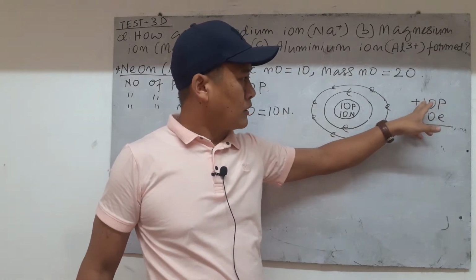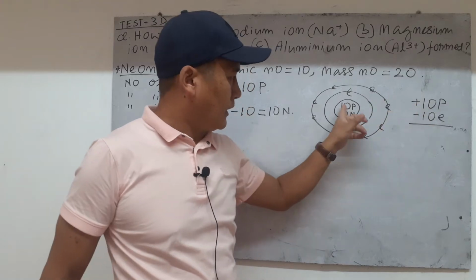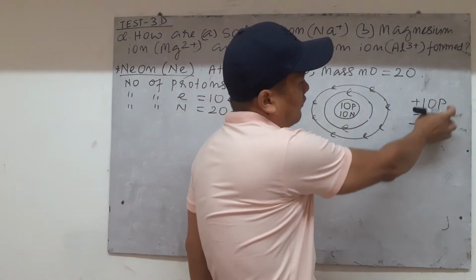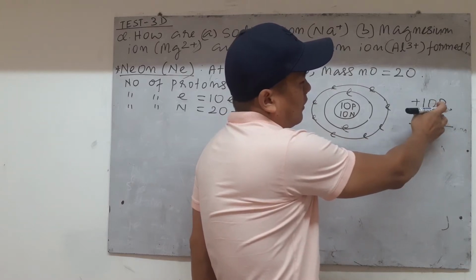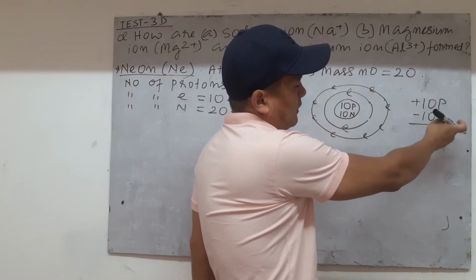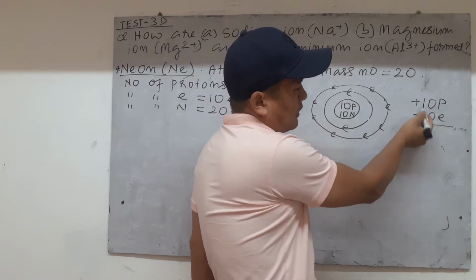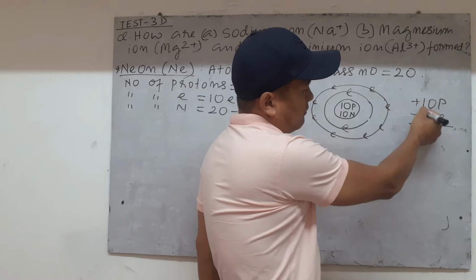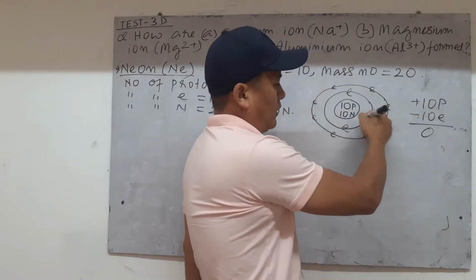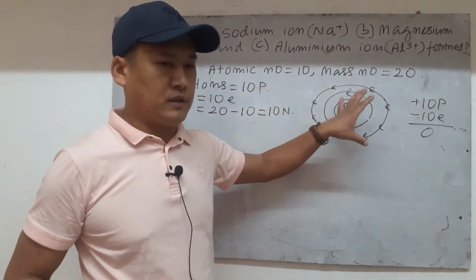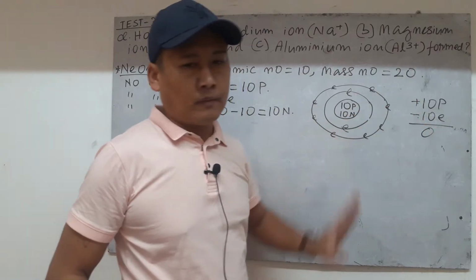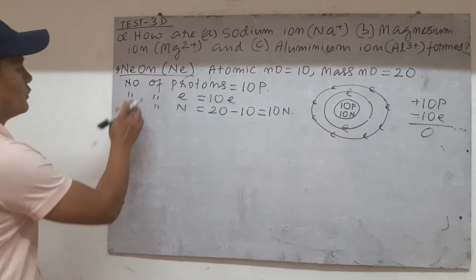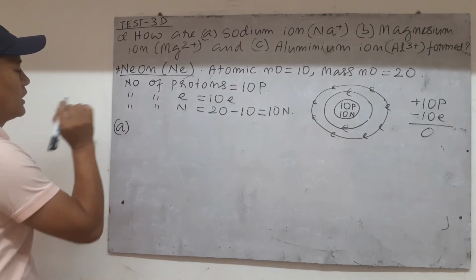Since the numbers of protons and electrons are equal in any atom, like the neon atom, and they are equal but opposite in sign, plus 10 minus 10 is 0. So the atom has no charge, because the numbers of protons and electrons are equal. Keep that in your mind, and then we will start with how the sodium ion is formed.